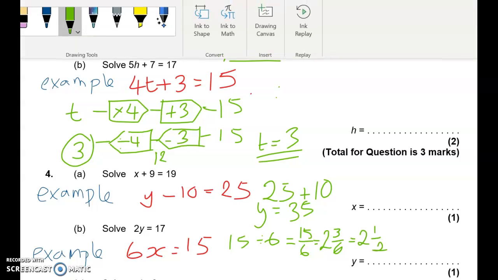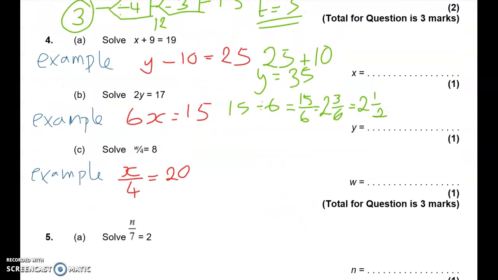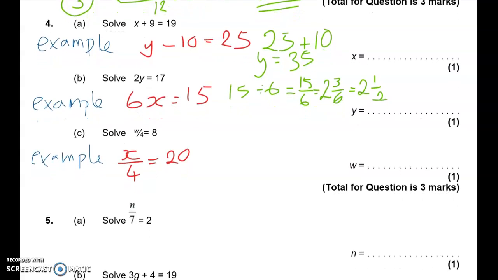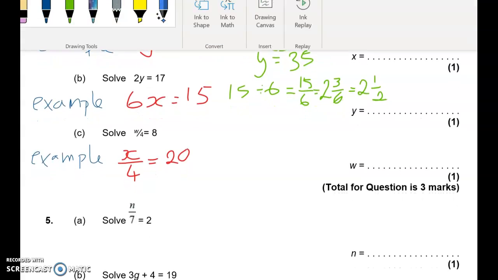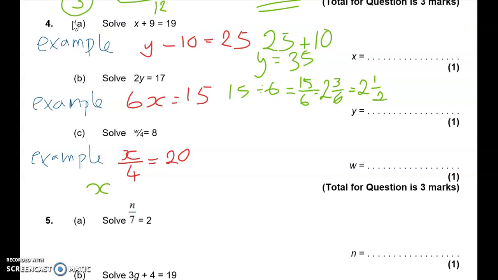Okay then, right, let's just do one more. Here we have a fraction. With a fraction, that is telling you that you are dividing. So this is saying x, doing my number machine, divided by 4 gives me 20. So I'm going to do the inverse to find out what x is.